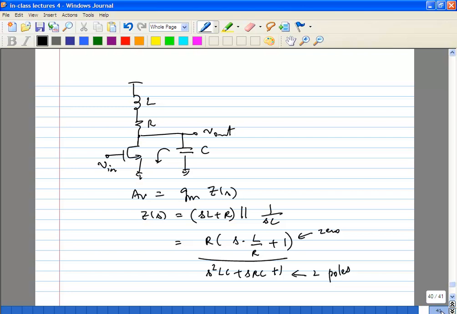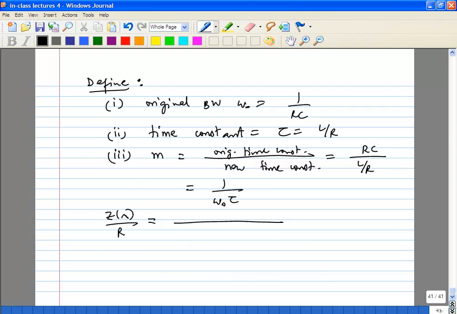We can again replace the S tau plus 1 over S squared tau squared m plus, okay.